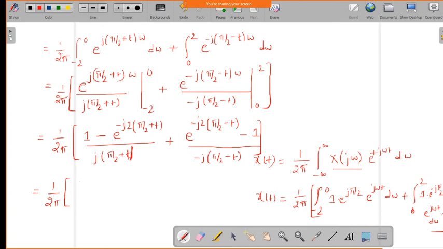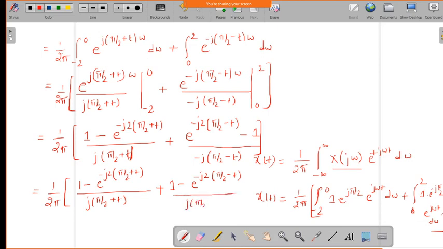That is 1 minus e power minus j into (pi/2 + t), divided by j into (pi/2 + t), minus, if you multiply minus here, you will get plus 1 minus e power minus j 2 into (pi/2 - t), divided by j into (pi/2 - t). Okay.